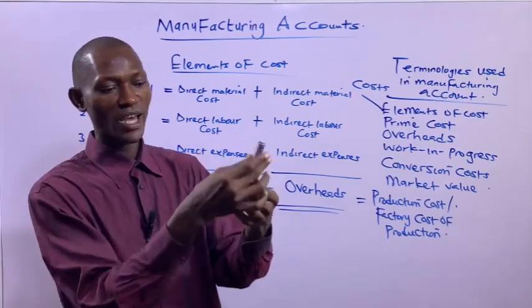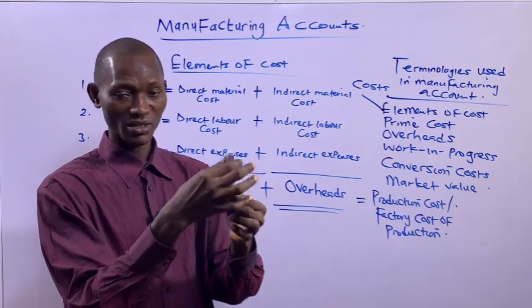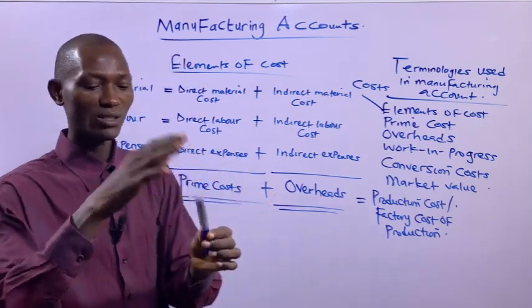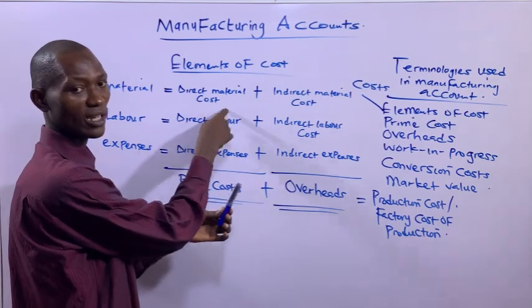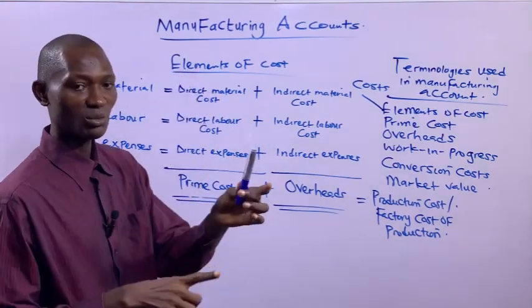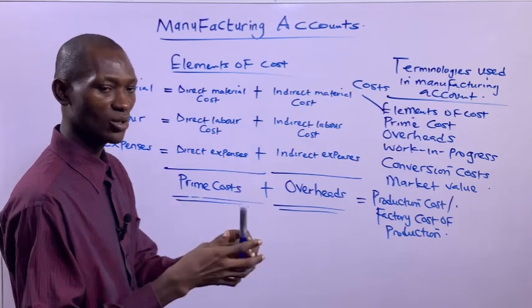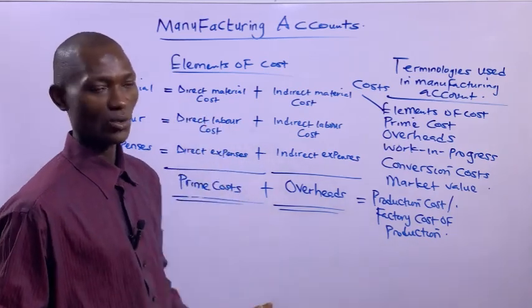All these you have on the products, they are material. So all the material you can see on the products, the costs incurred on them are called direct material costs.